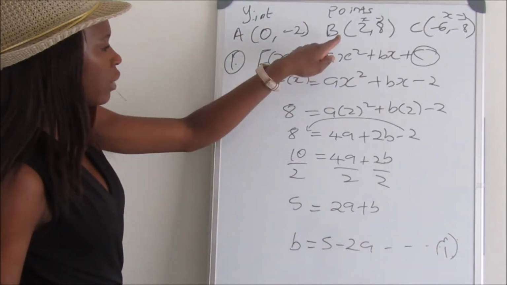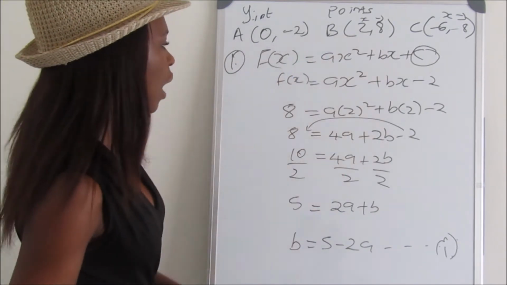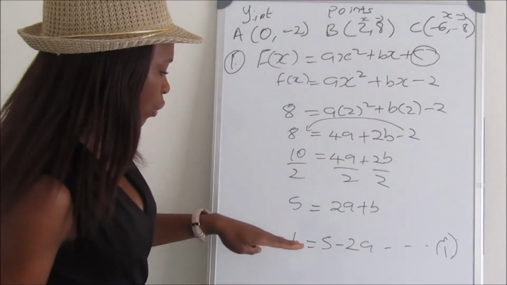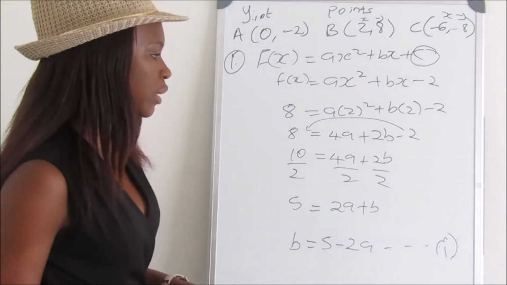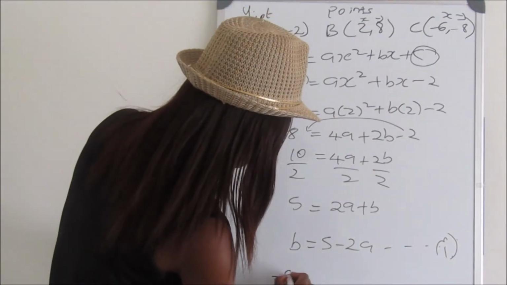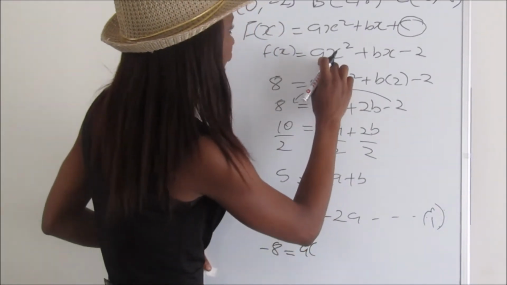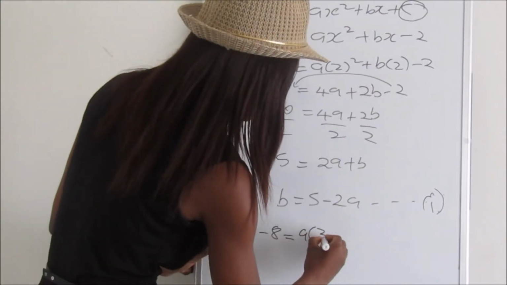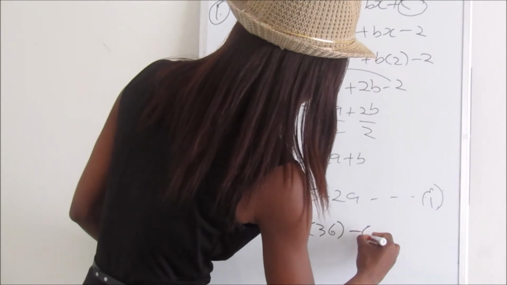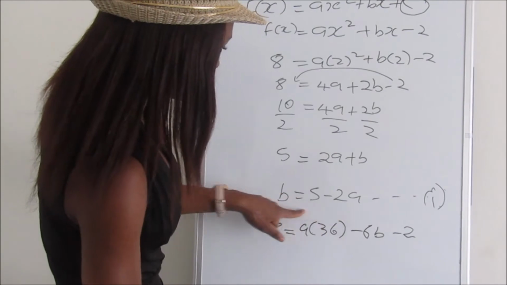We got equation 1 by using the first point, (2, 8). Now we use the second point, (-6, -8), to get a second equation so that we can solve them simultaneously. Here, -8 = a(-6)² + b(-6) - 2, which is 36a - 6b - 2.